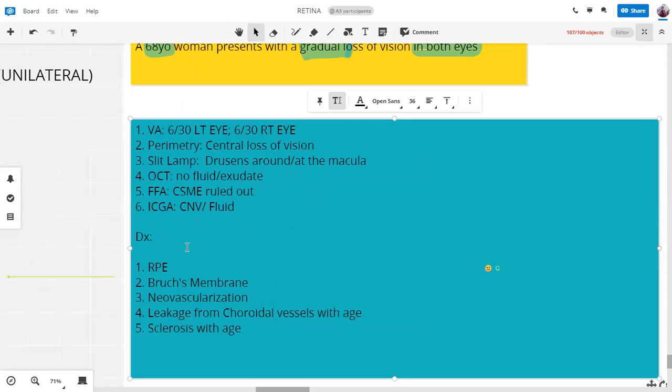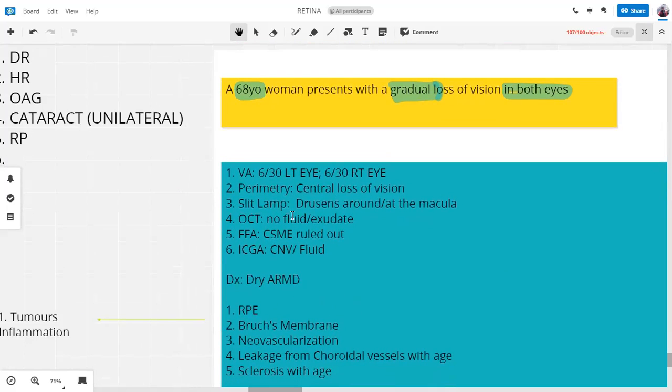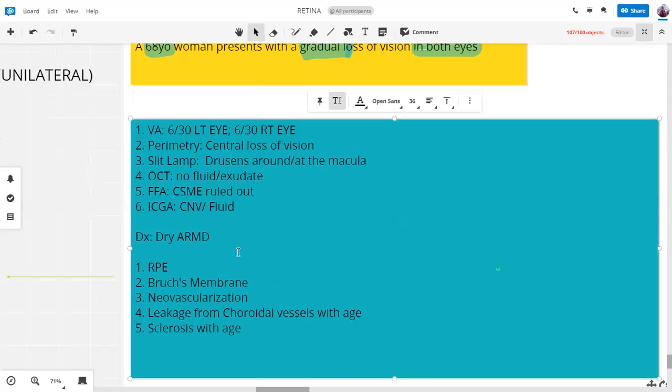Dry age-related macular degeneration, dry ARMD. Why is it dry ARMD? Because there is no hemorrhage, no exudates. And one thing, no fluid or exudates on our examinations and investigations. It is dry because there is no fluid.